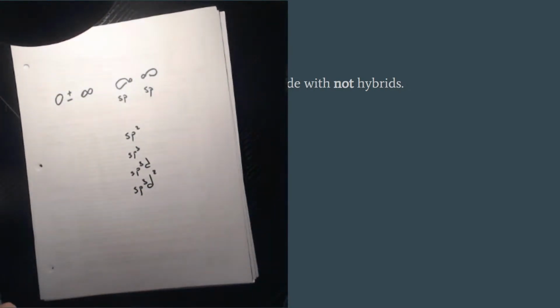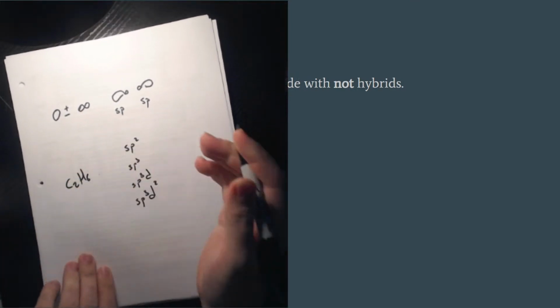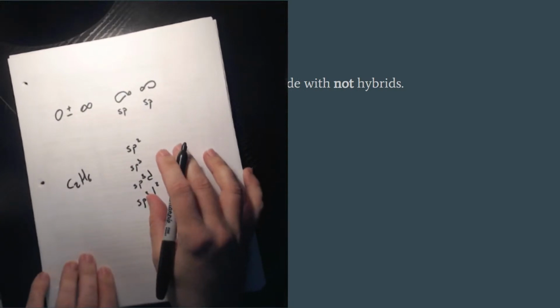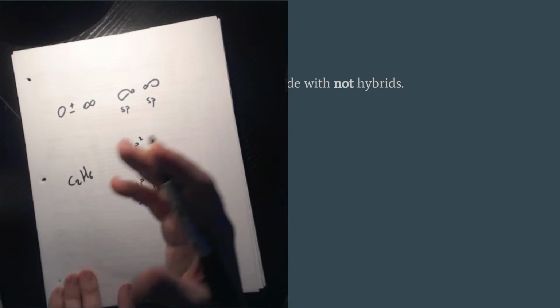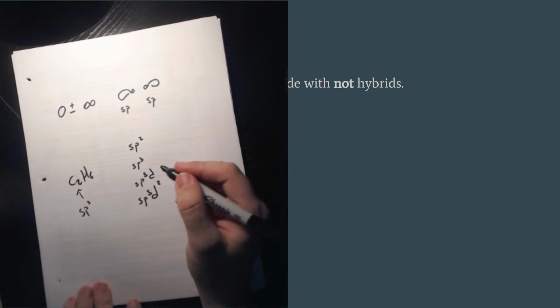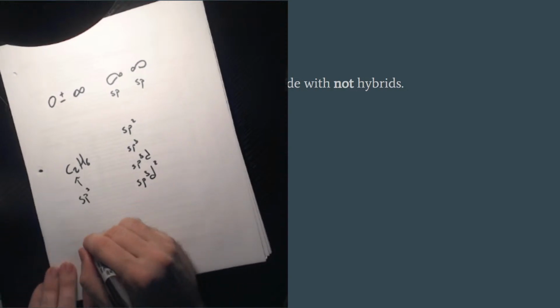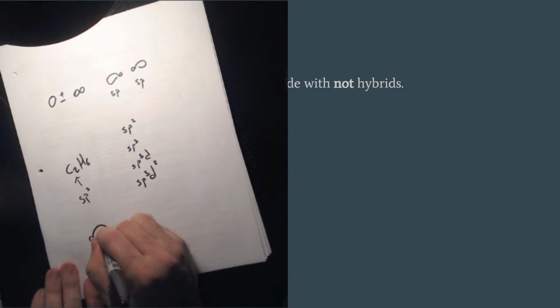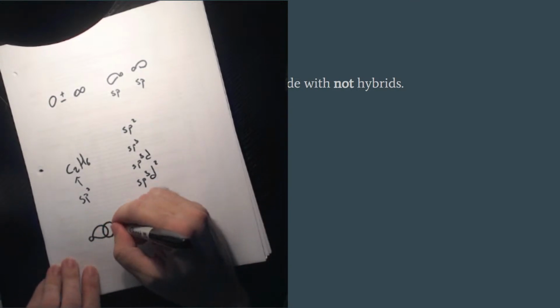Okay, so say we're looking at ethane again. We looked at that toward the end of the video last time, talking about geometries, talking about hybrid orbital theory. Each of our carbons is going to be sp3 hybridized because they have 4 electron domains. And thus, when they form their bond, they do so by having overlap with these sp3 hybrid orbitals.